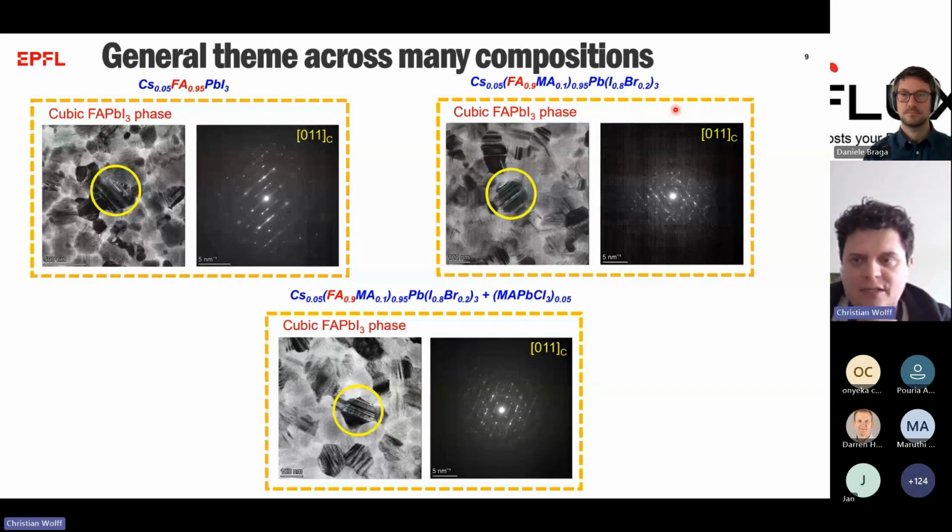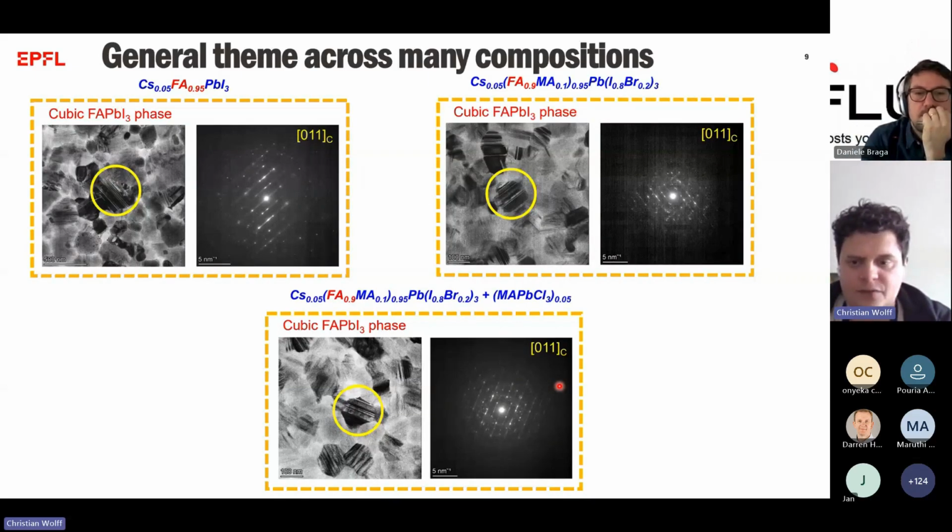And then more recently, this even more complicated triple cation, triple halide system with a bit of chloride inclusion has become famous. Irrespective of which composition we have looked at, for almost all of them, we do see these striped contrasts that we readily identify as stacking faults.